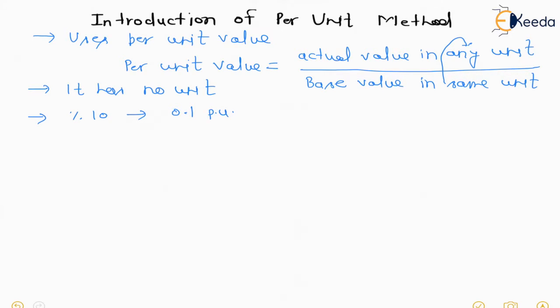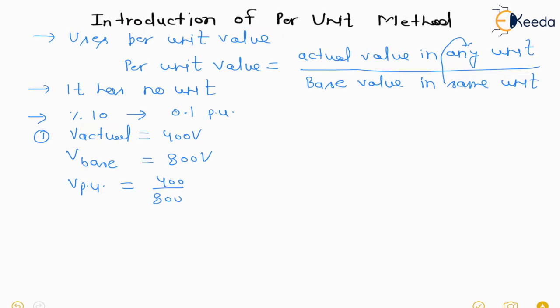So let us proceed. First case, V actual has been given as 400 volt and V base is equal to 800 volt. So V PU will be equal to 400 upon 800, and that will be equal to 0.5 pu.